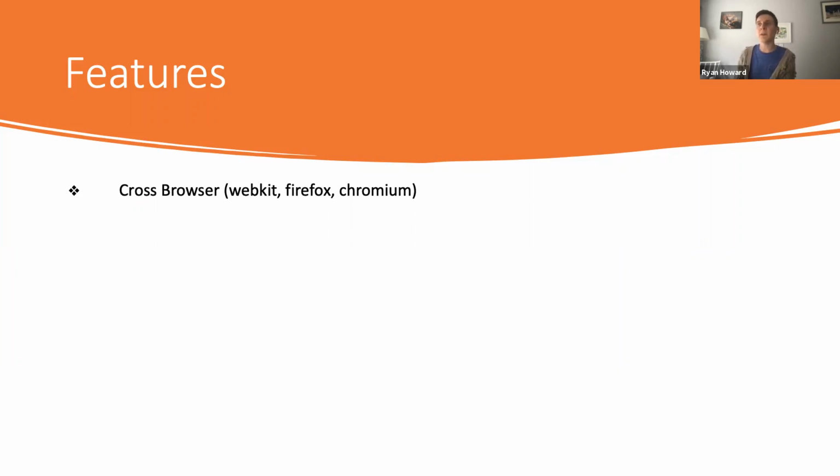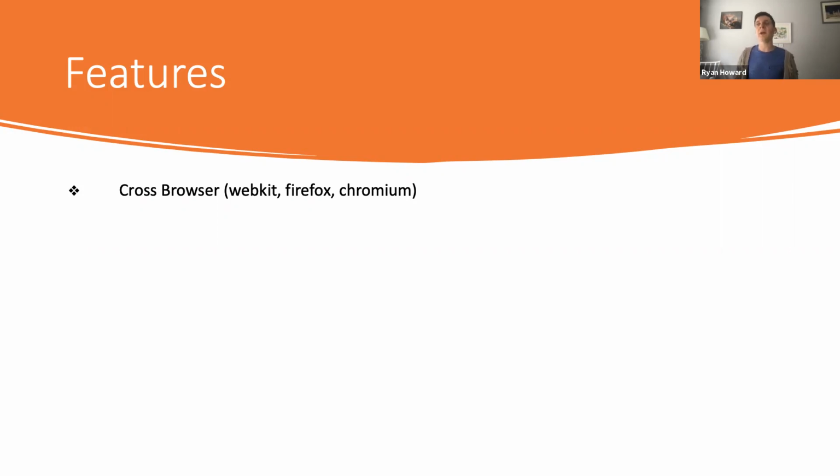Currently, Playwright supports testing on the WebKit driver, which is used by Safari. It also supports Firefox and the Chromium driver, which is used by the newer versions of Edge and obviously Google Chrome. One of the things that Playwright does is it ships with instances of these drivers.